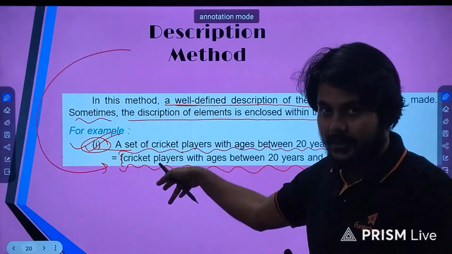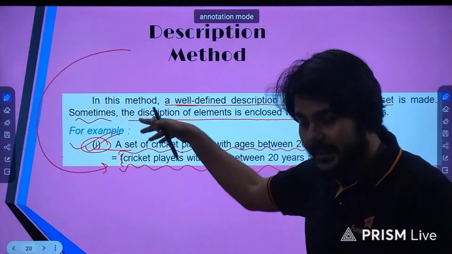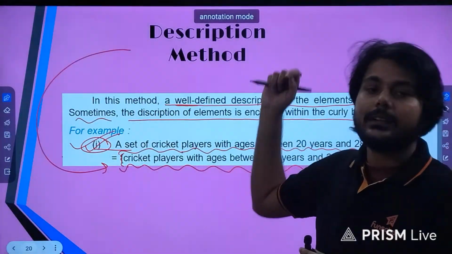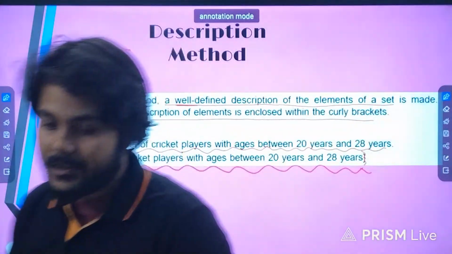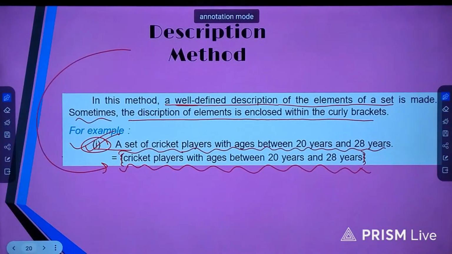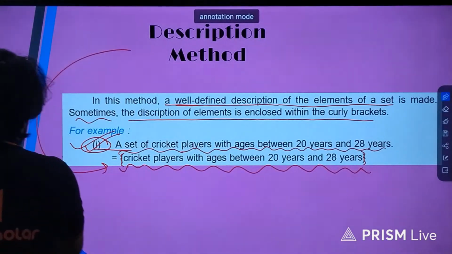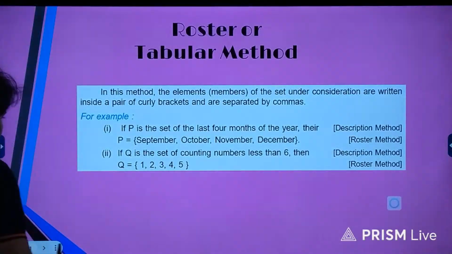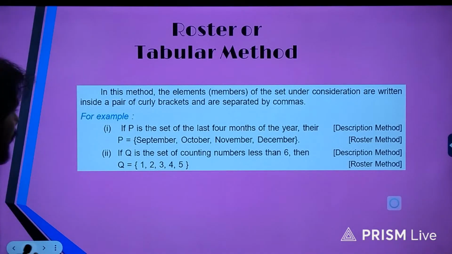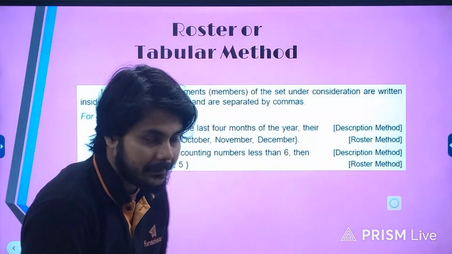That's why this method of representing a set is known as the description method. Okay, is it clear or not? Let me know in the comments. I hope this is very clear to you. So moving ahead, in the next slide, we are going to see the roster or tabular method.